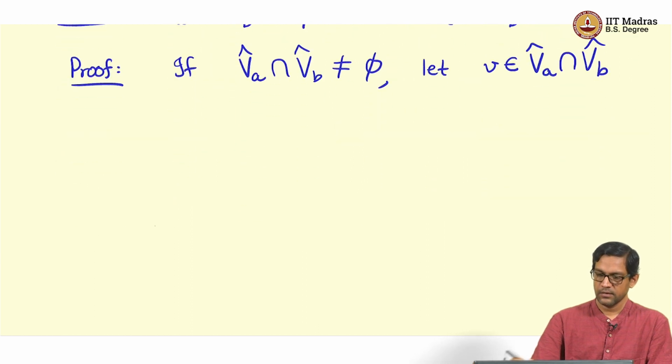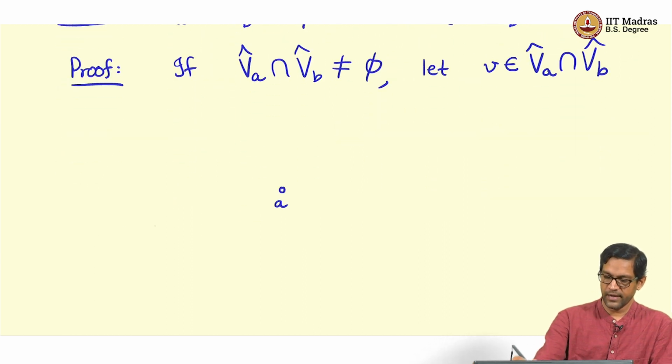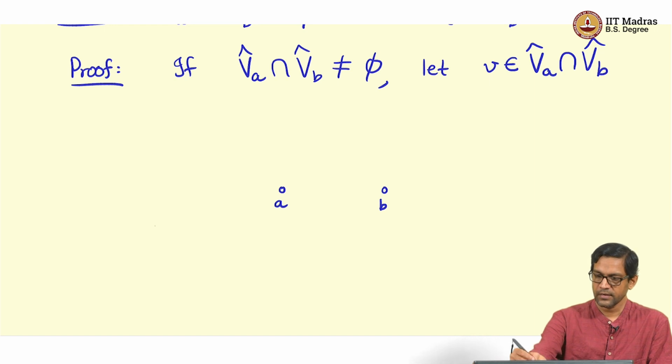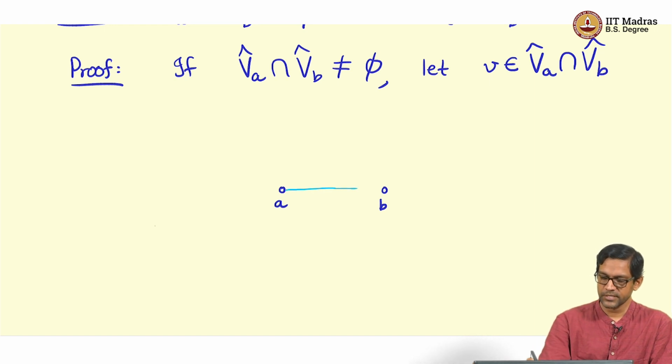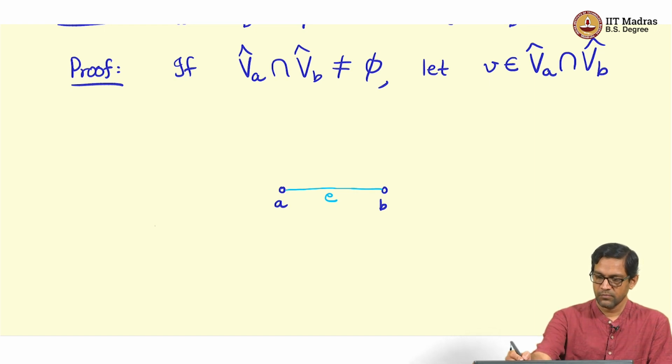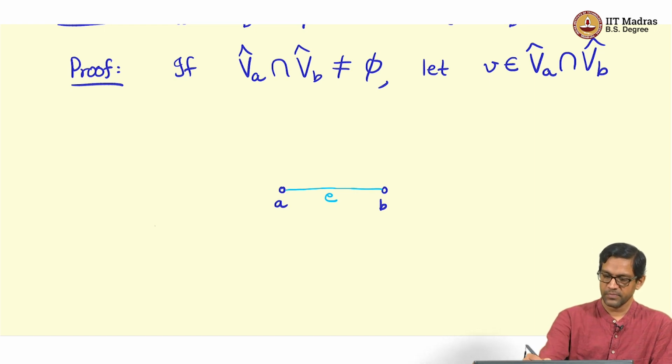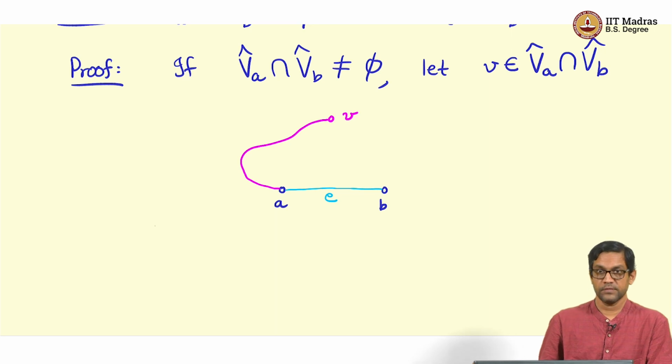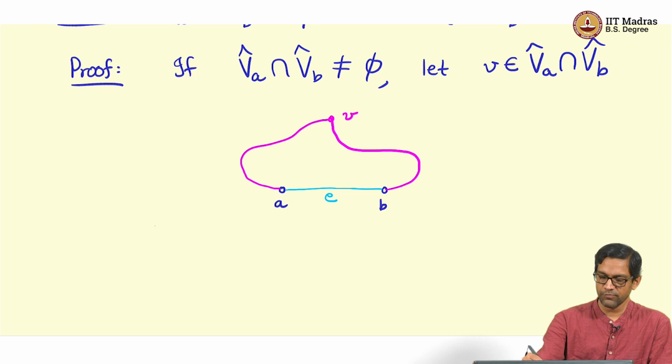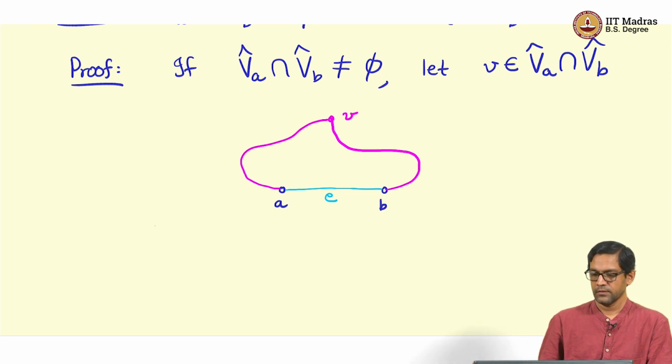It says that I had A, I had B, and I had that deleted edge E from G hat, and what I am assuming here is, here is my vertex V such that there is a path from A to V which does not involve that edge E, and there is a path from B to V which does not involve that edge E, right. So, because I have said there is a path in G hat.